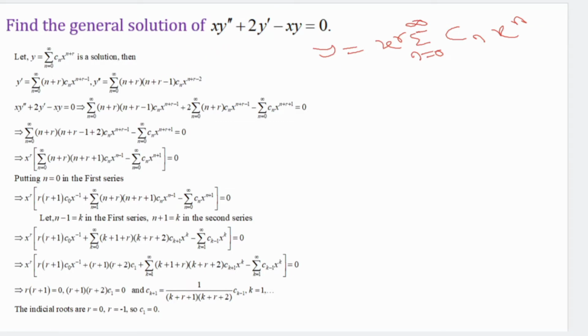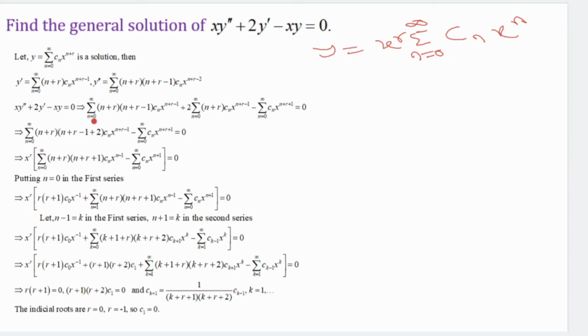Our given equation is this one, x y double prime plus 2y prime minus xy equals 0. When we put y double prime equal to this one in this equation, then multiply by x, we know that when we multiply by x the power should be added.